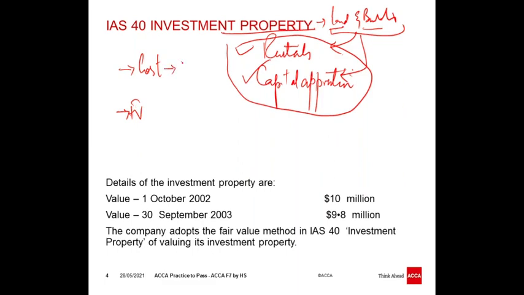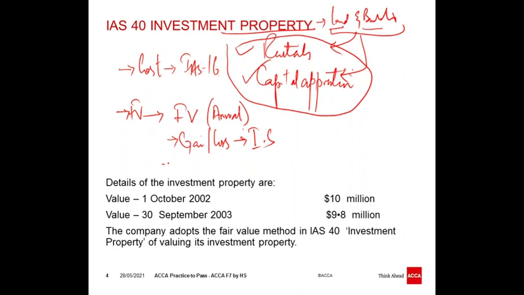The cost model is similar to IAS 16, but fair value means you need to measure at each reporting date. So you need to do this exercise on an annual basis. Then the gains or losses that arise during this period will go in the income statement, and no depreciation will be charged on the assets which are measured at fair value.